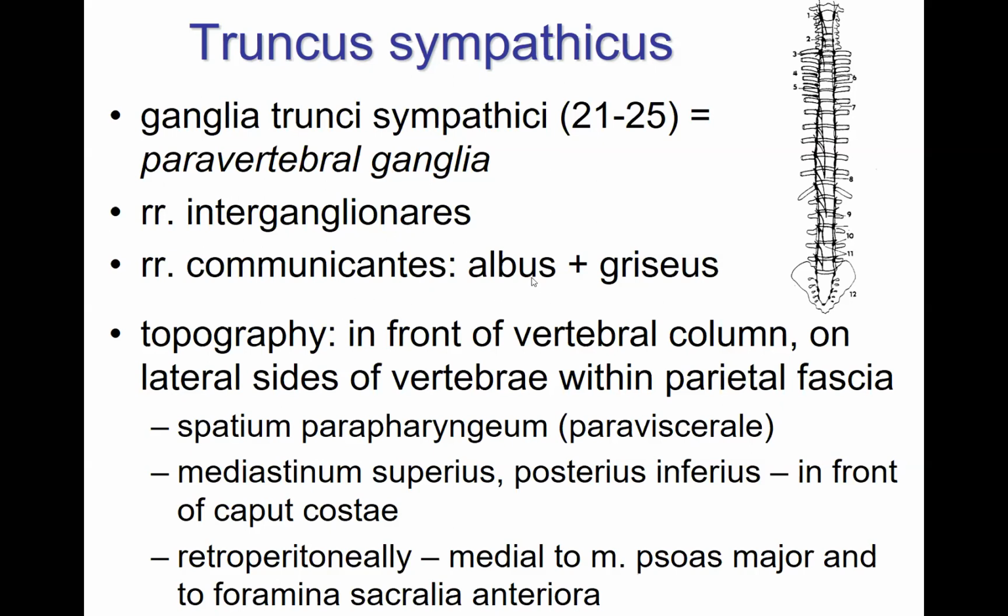We have the white and gray communicating branch. The white ones are present only, as I said, at the level of C8 to L3, yeah? But the gray one, of course, goes to every spinal nerve, so it's from C1 to coccygeal, yeah?